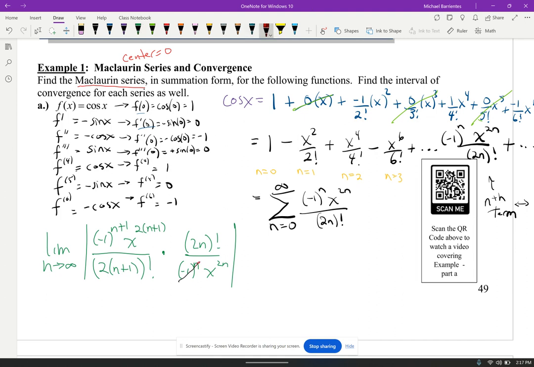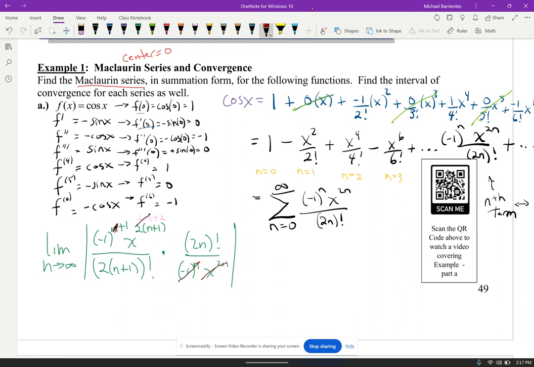I can reduce the negative 1 to the n with negative 1 to the n, and I'm only left with negative 1 to the 1. I can reduce this x to the 2n with this x to the 2n, but be careful, this is really 2n plus 2, so when I reduce, that'll be this, but I still have x squared.